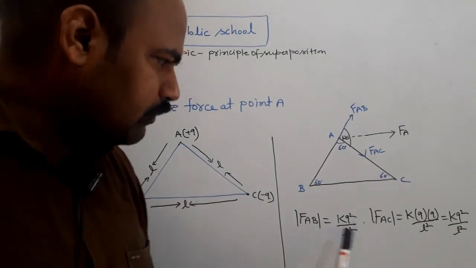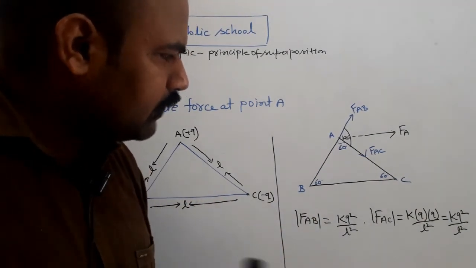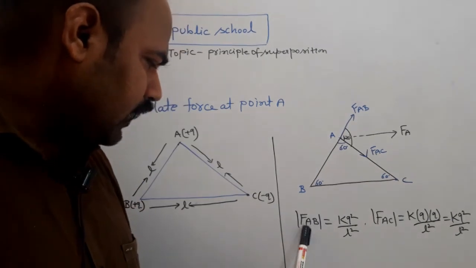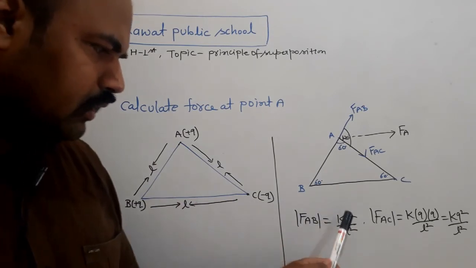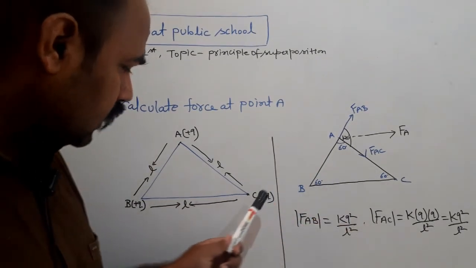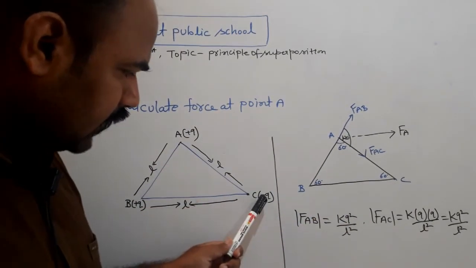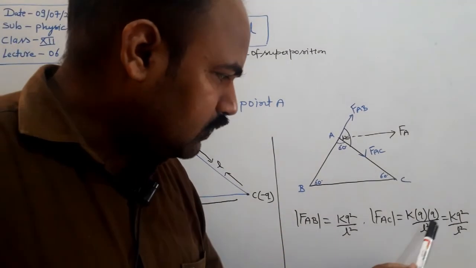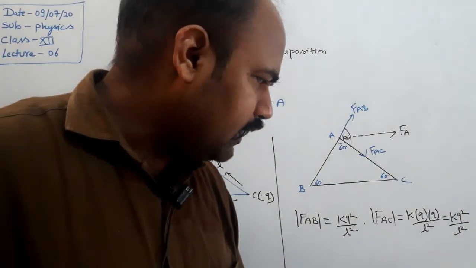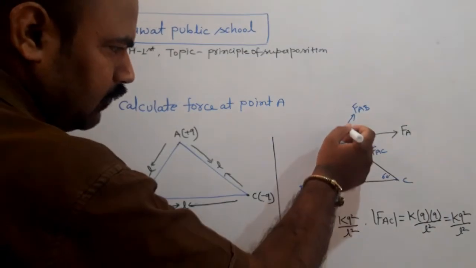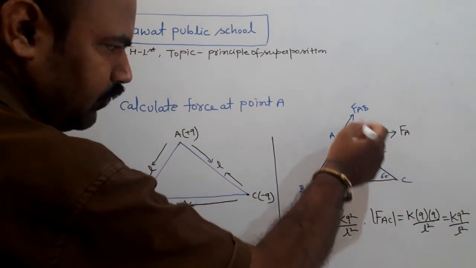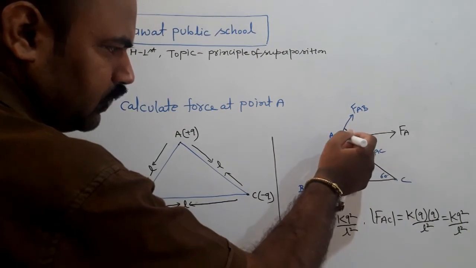Now we calculate their magnitude. We only take their magnitude, no need of sign. FAB: both have charge Q, separation L, so KQ square by L square. Force at A due to C: here A is positive and C is negative, but we only take magnitudes, so KQ square by L square. Now apply vector addition. The angle between the forces FAB and FAC is 120 degrees.